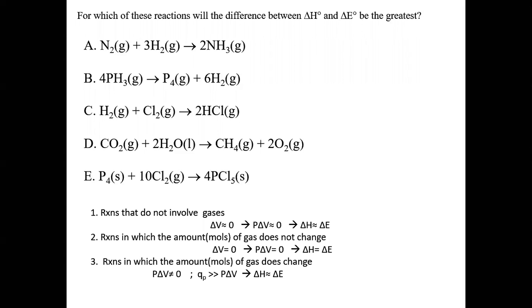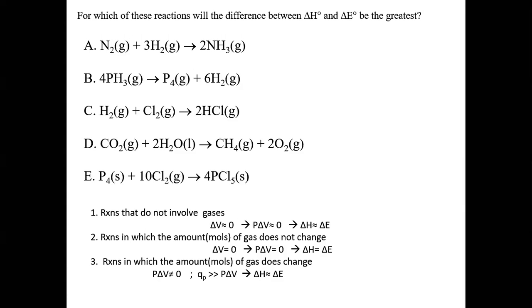Therefore, delta H is approximately delta E. The second type is reactions in which the moles of gas don't change from reactants to products. If the moles of gas don't change, delta V is 0, then delta H equals delta E. Again, delta H is the heat at constant pressure.